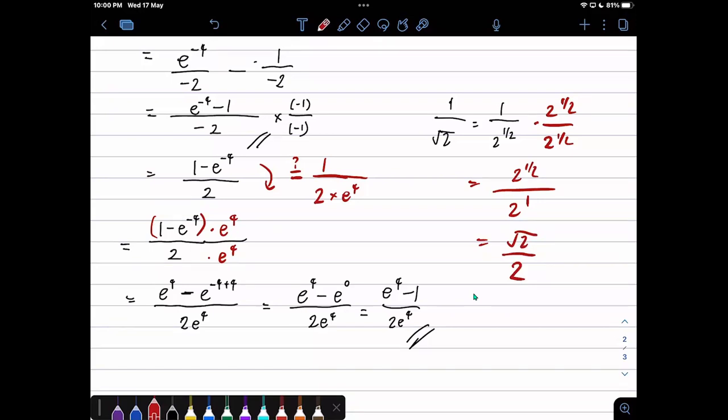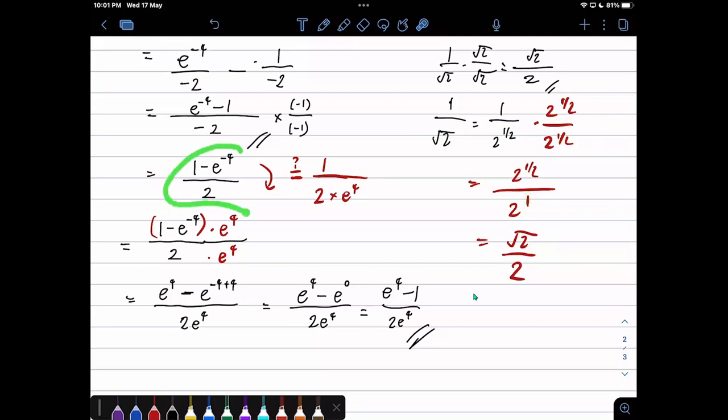Of course, the more direct way is 1 over root 2 times top and bottom by root 2. Root 2 times root 2 is 2, and 1 times root 2 is just root 2 at the top. But the trick here, going from negative power into positive power, is to make sure the power becomes 0. So you multiply by e power +4 at the top and bottom. As compared to rationalizing the denominator, where you multiply by 2 power half because you want half plus half to equal 1, so that you get a power 1.